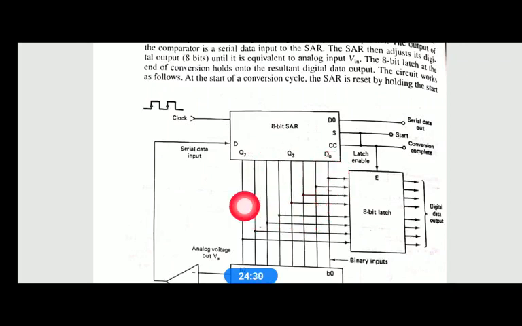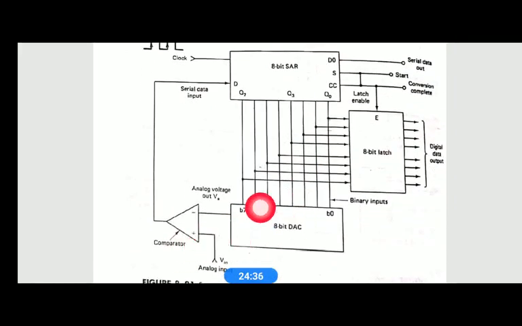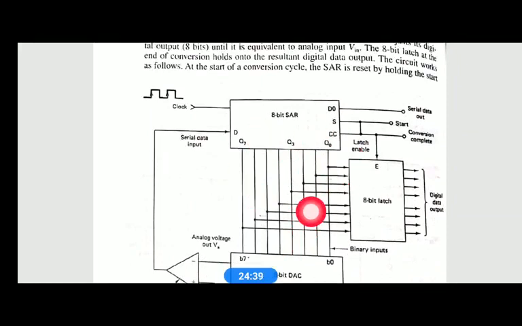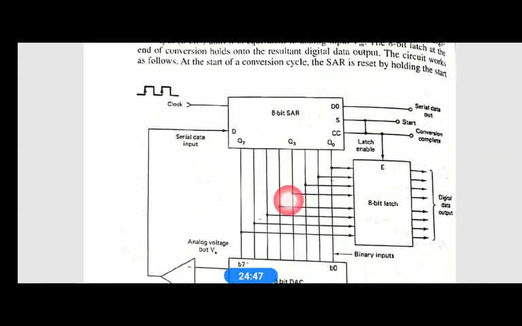So it tries 8 different values to find the actual value for the applied input. It requires 8 clock pulses, so using only 8 clocks and 8 comparisons, this analog to digital converter converts our analog signal into digital form.